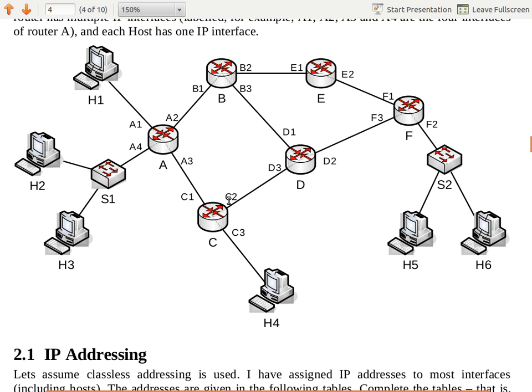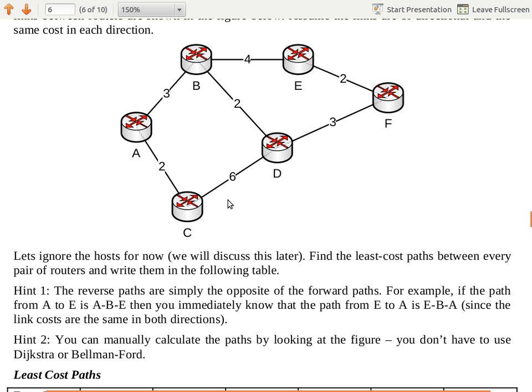First note that the router attached is F. So in fact, if we're at A and we want to reach H5 or H6, we need to send to F. Which path to take? Well, we use our path cost information, which is in a question here. If we want to get from A to F, which path? Well, find the least cost path. It turns out if you check those paths, the least cost path is A, B, D, F, with a cost of 8.